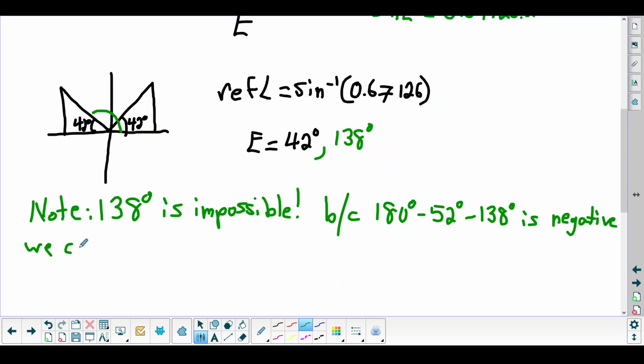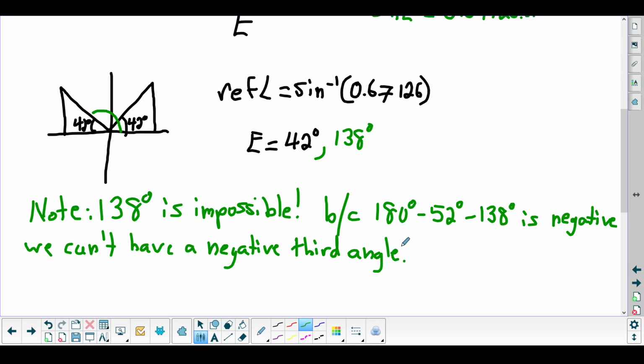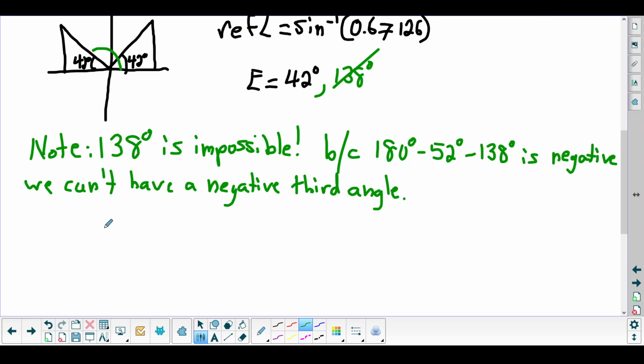We can't have a negative third angle. Okay, so that means the only possible answer is the 42 degrees.